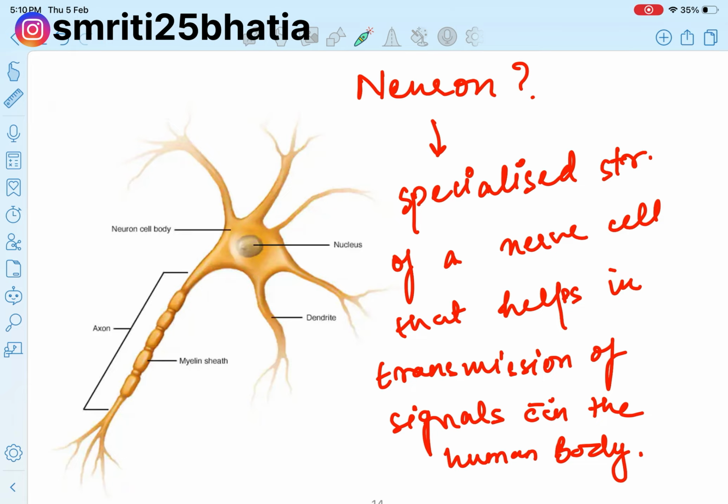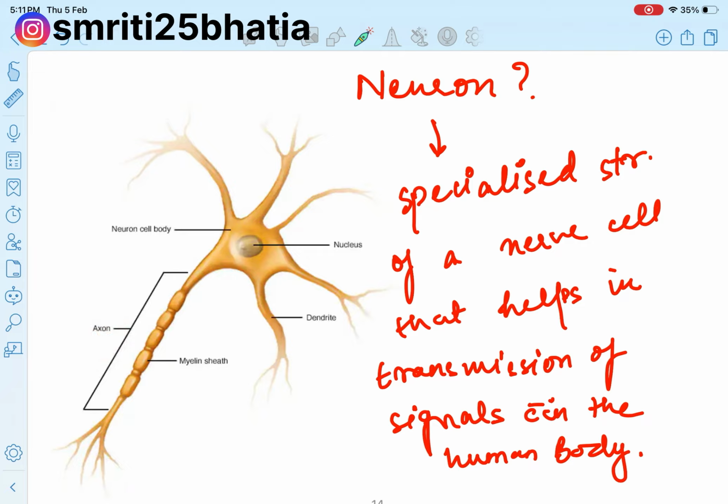Coming to the neuron cell body, or the nerve cell body. The cell body is also known as the soma. It helps in transmitting the signals from the dendrites all the way to the axon. It comes from here, goes to here. What is the axon? The axon is a very important thing over here.